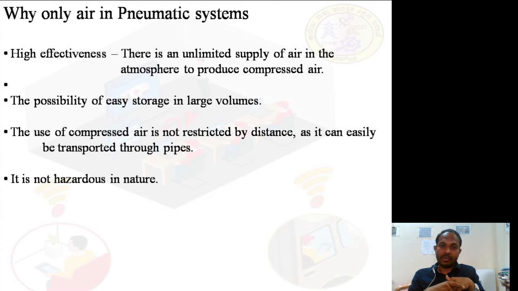In the pneumatic system it is possible, since it is not hazardous and it can flow easily, so transportation through pipes is very easy. So the nature of the work is not restricted by distance, and it is not hazardous in nature. So these are all the reasons why we go extensively for air in pneumatic systems.